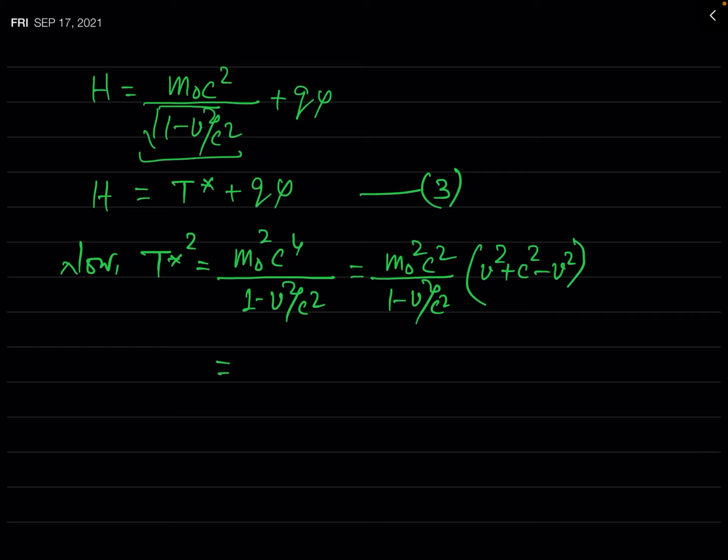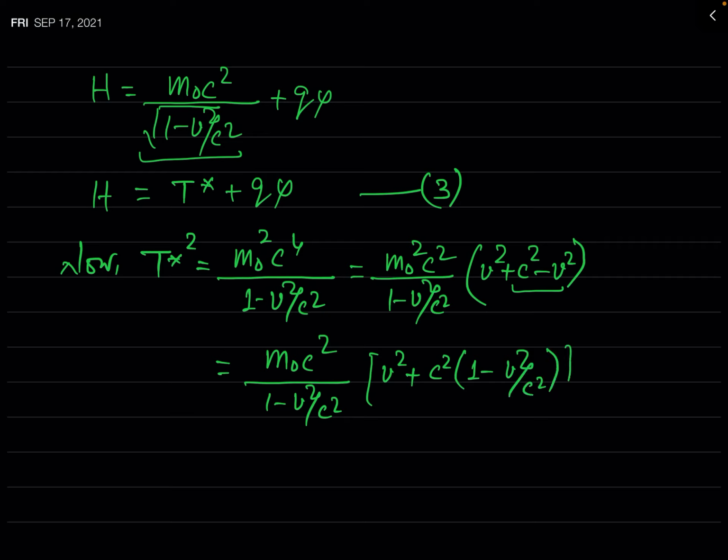Now you can write this in this manner: m naught c square over 1 minus v square by c square, times v square plus. Now take c square as a common factor in the remaining two terms. When you take c square as a common factor, your result will be 1 minus v square over c square.